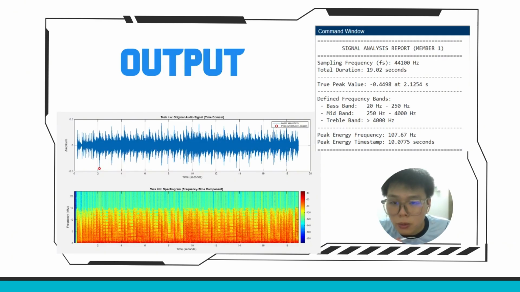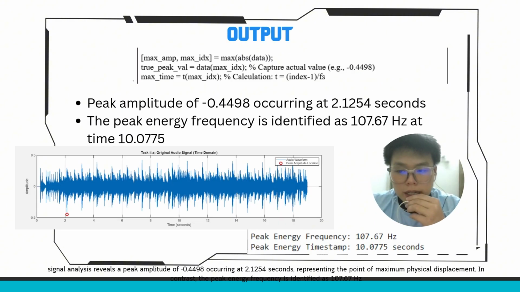Okay, so here is our output. I will start with the peak oscillator value in the next slide first. To detect the positive and negative half cycle, we use the max absolute data, which is the first line of the output part of our MATLAB code.